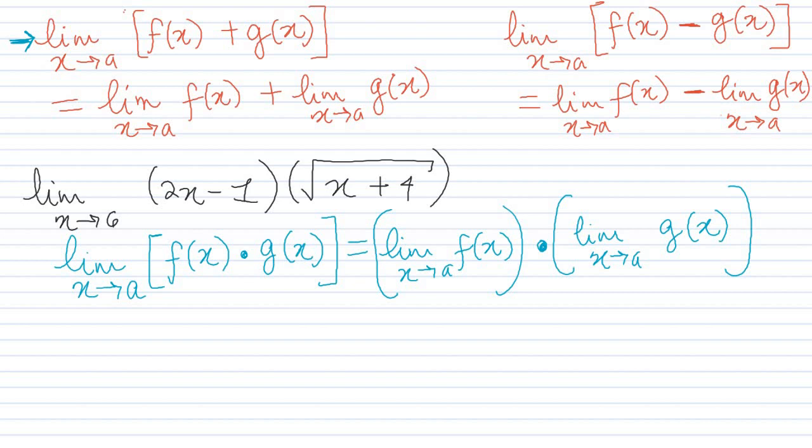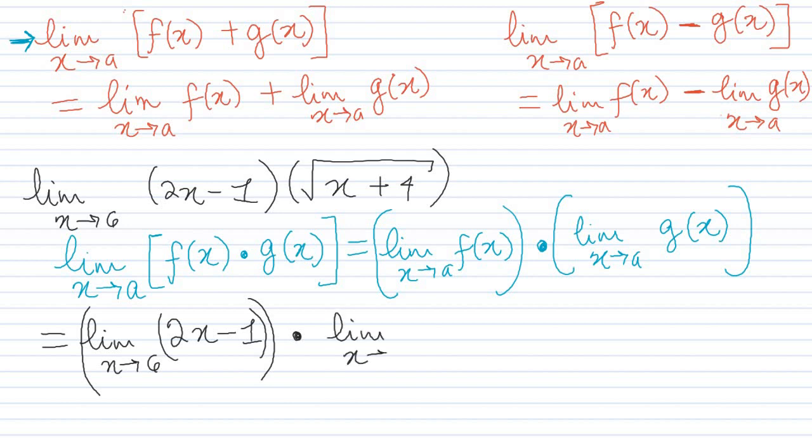So now that I've put down the general formula, we're going to apply it to this question. So we end up with the limit as x goes to 6 of 2x minus 1, multiplied by the limit as x goes to 6 of the square root of x plus 4, and that is basically what is to be done.